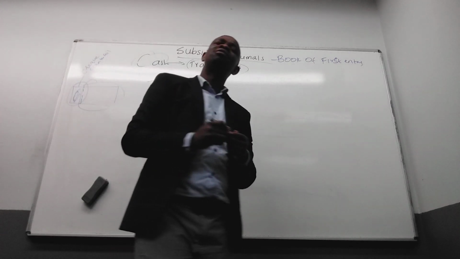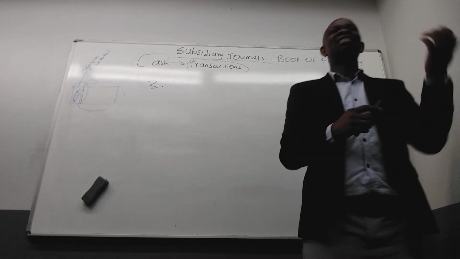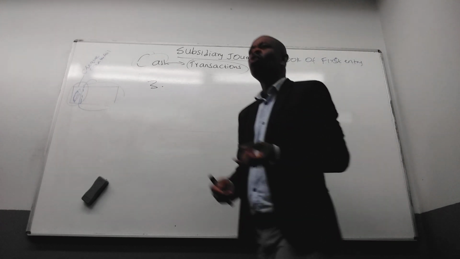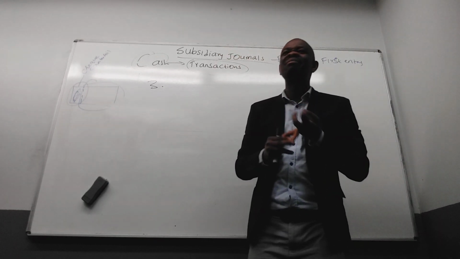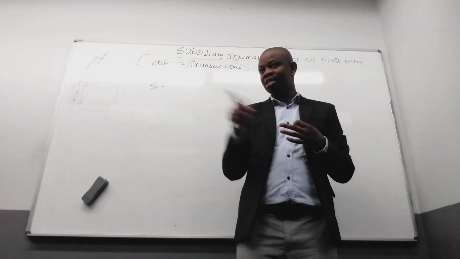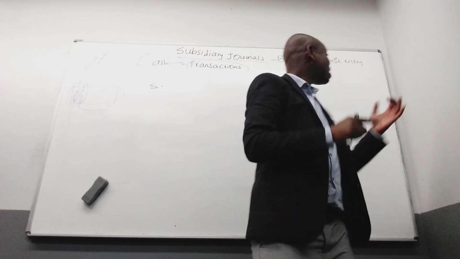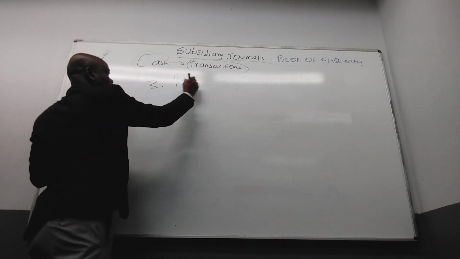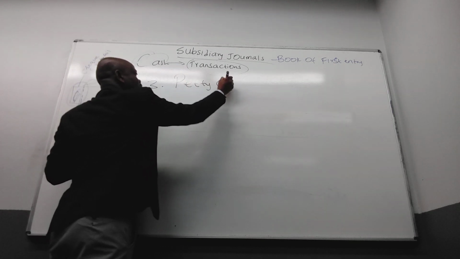Sometimes it's not necessary for you to use EFT or a bank statement to pay. So it's not advisable for you to do that. As she said, petty cash. What is petty cash?